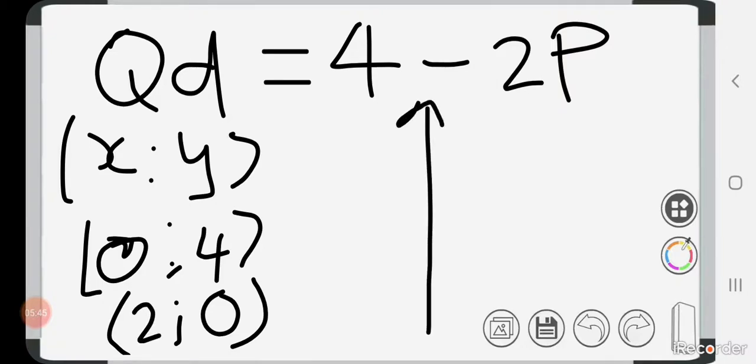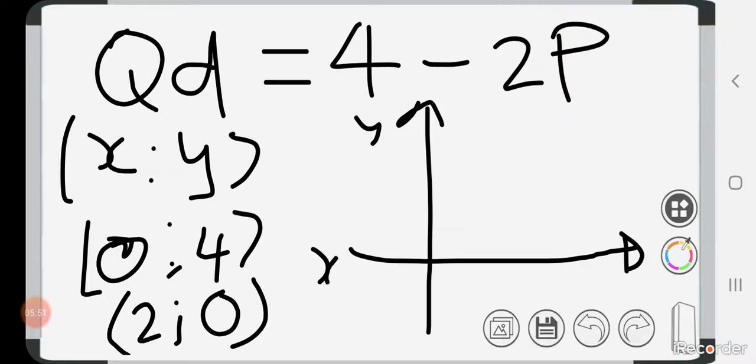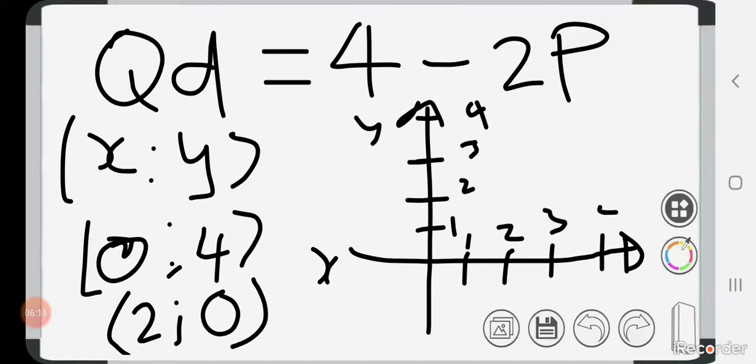Now, if you just have only those 2 points, y-axis, x-axis. Now, y 1, 2, 3, 4, right? X 1, 2, 3, 4.